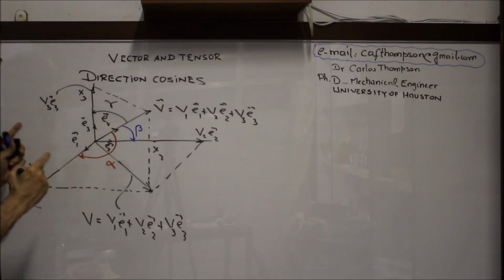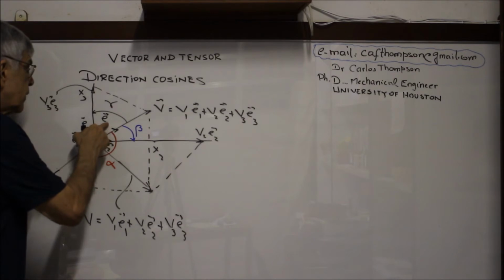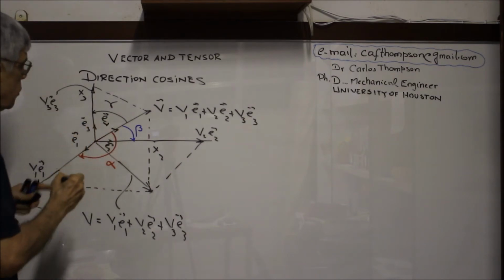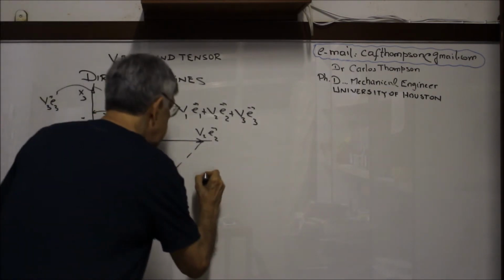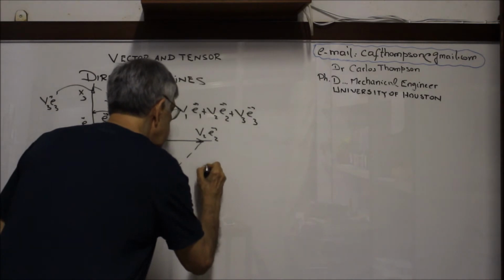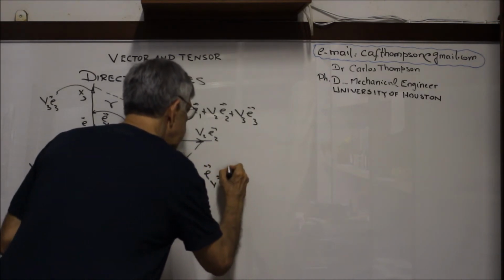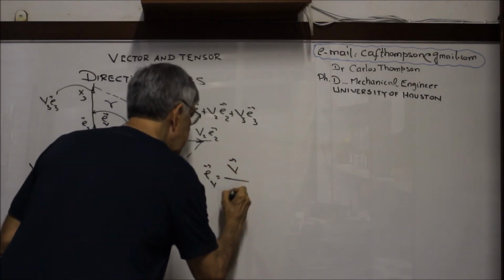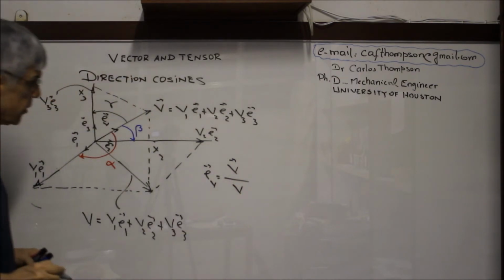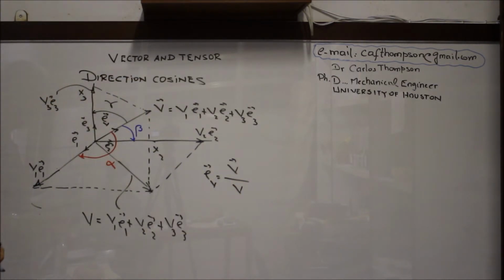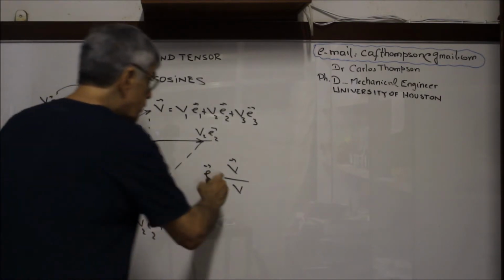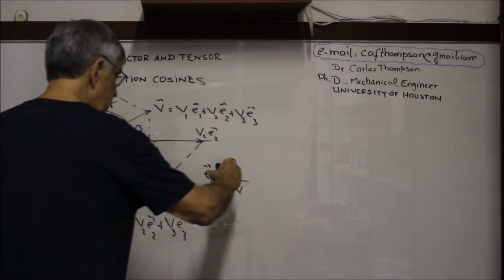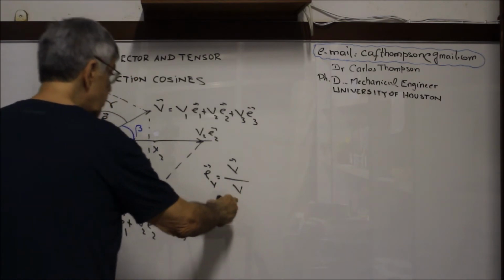Now, how can I write EV? EV, a unit vector, is equal to the vector V divided by its magnitude.